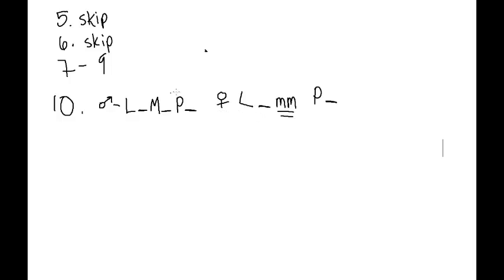If the kitten's going to have a long tail, and Dad's is short, and Mom's is long, but that's recessive, what does Dad have to have in order for this kitten to have a long tail? It must be little m, little m. It can get 1 little m from Mom. Where does the other little m have to come from? From Dad. So we now know that Dad has a little m here.